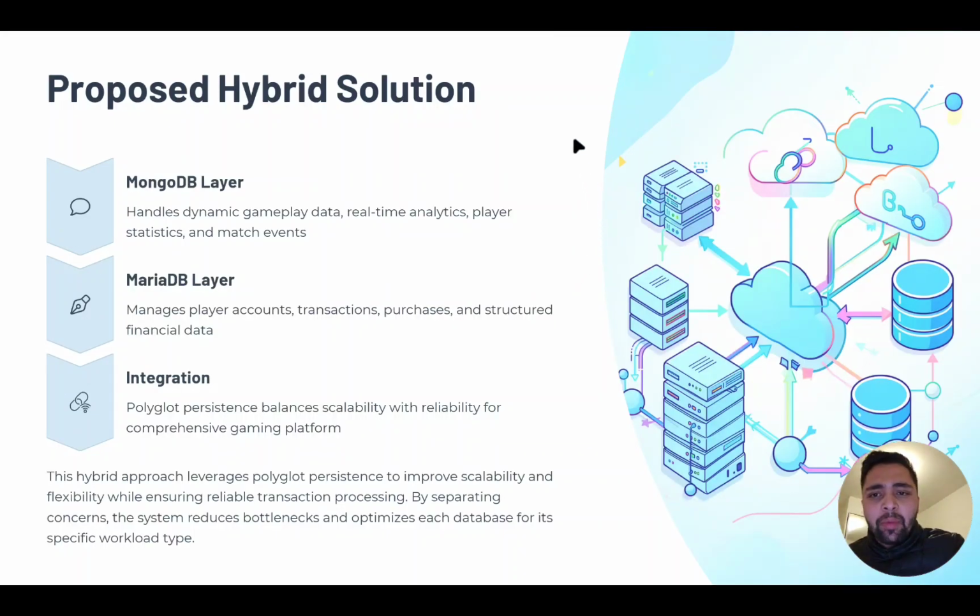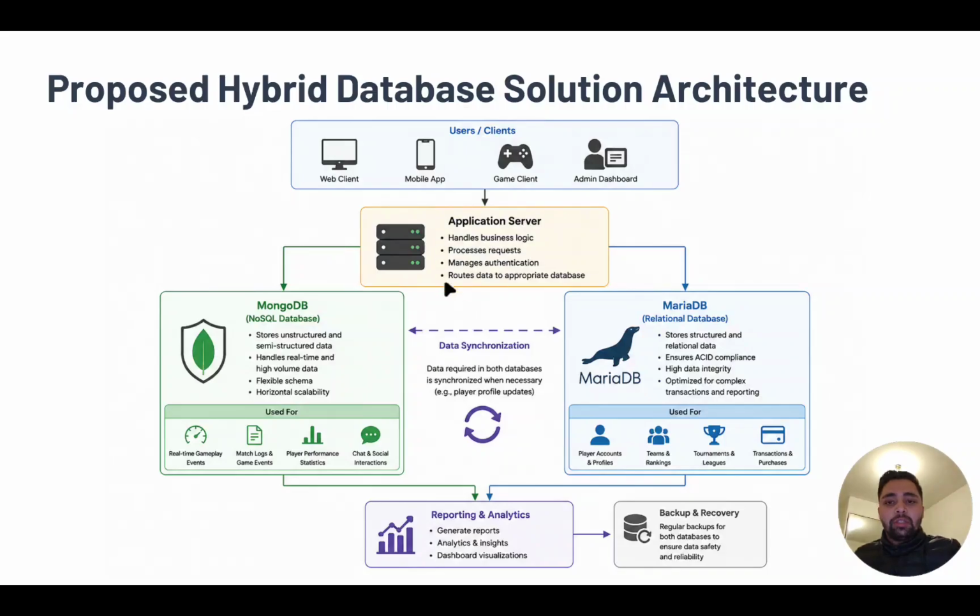So the proposed hybrid solution in my system is like this. Here the diagram shows the proposed hybrid database architecture for the online gaming player stats management system, where the user can access the gaming platform through the gaming applications. The application server processes the requests and routes the data to the appropriate databases.